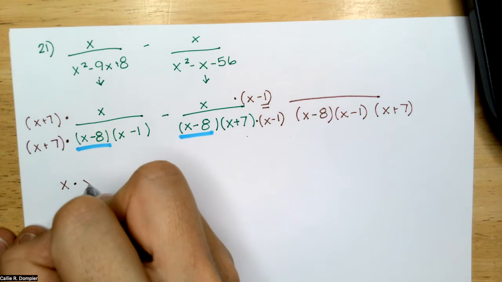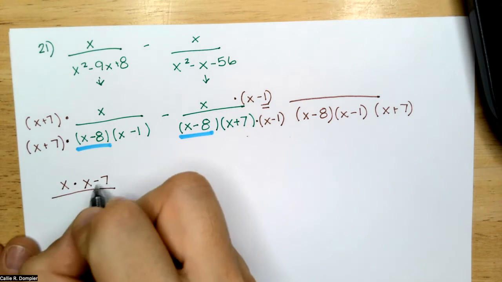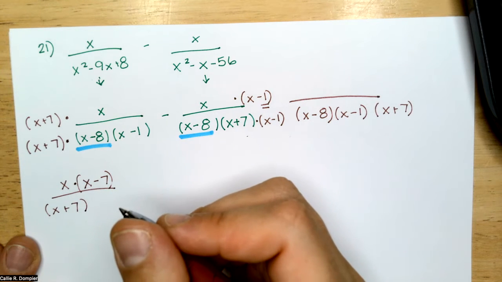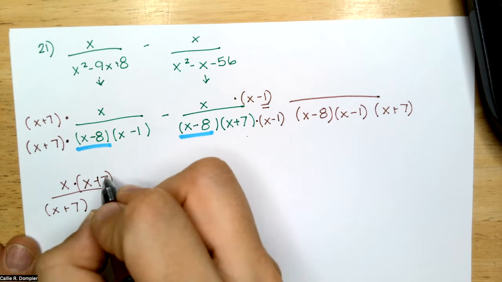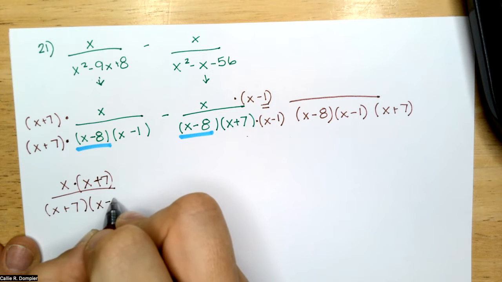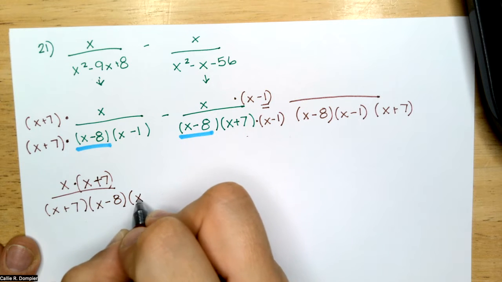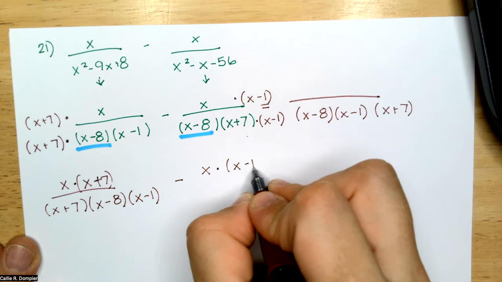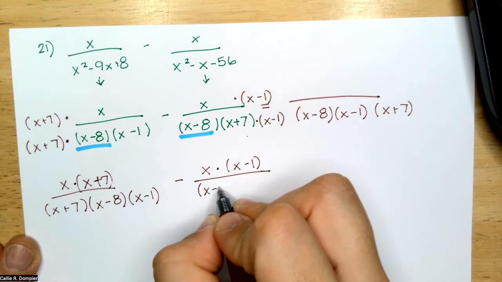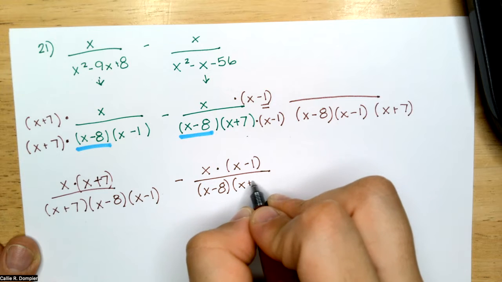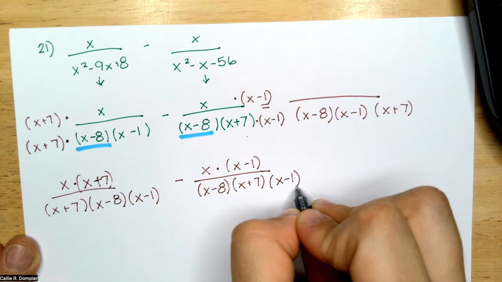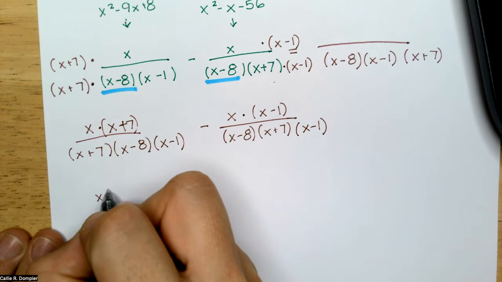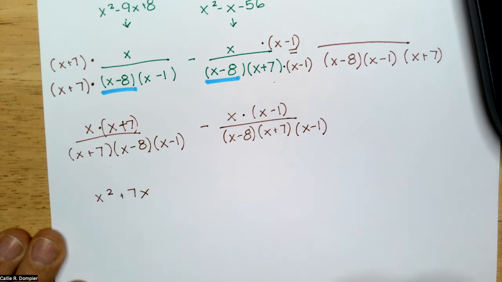So we have x times (x + 7) over (x - 8)(x - 1)(x + 7), minus x times (x - 1) over (x - 8)(x + 7)(x - 1). Good. Okay, now I'm going to distribute these. It becomes x squared plus 7x, right?